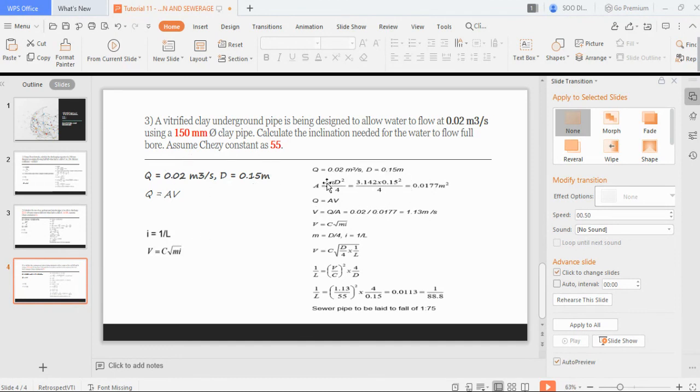Once you are able to find out all the information using these two formulas, Q equals to AV and V equals to C square root MI, then you'll be able to find anything the question is asking you to find, provided that they are giving you the minimum information.